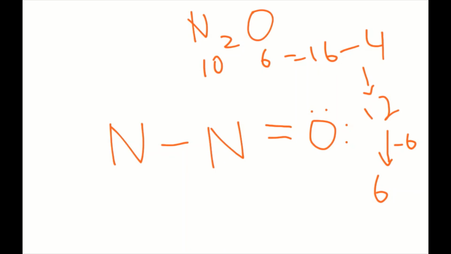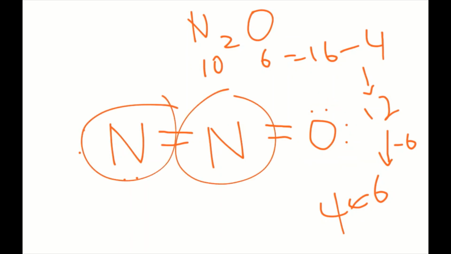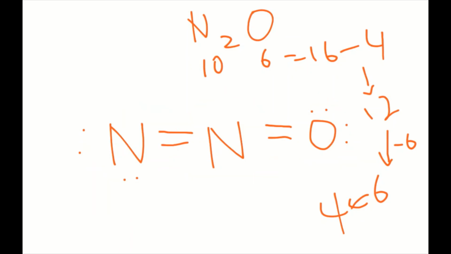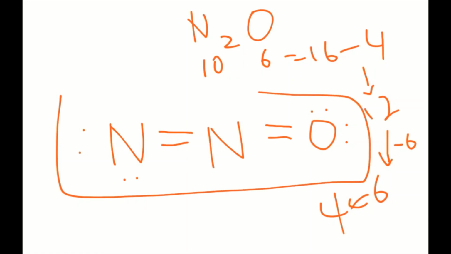Well, what if we made a bond here to satisfy the octet for nitrogen, since it has 8 now, and that would be 4. And let's just add the remaining 4 around here, and look at that. All of these atoms have their octets filled. This has 8, this has 8, and this has 8. So coincidentally, this is a perfect Lewis structure to use.